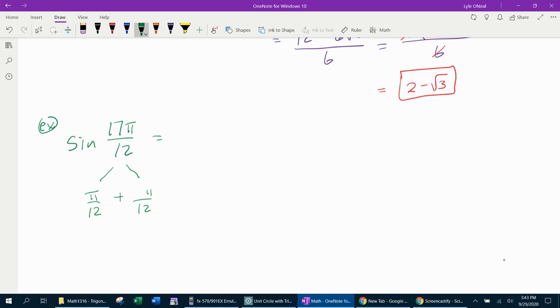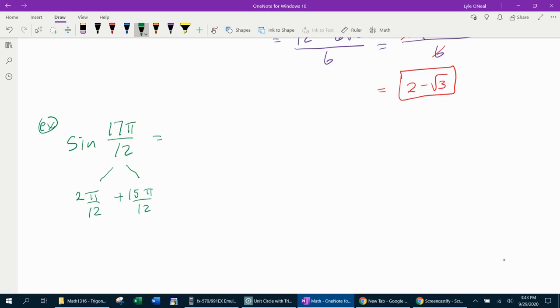So obviously pi over 12 is not in the unit circle. So let's increase this by 1, 2 pi over 12. And let's decrease this by 1, 17, 16, 15. Okay, so check me. Does 2 pi over 12 plus 15 pi over 12 add to make 17 pi over 12? Yes.